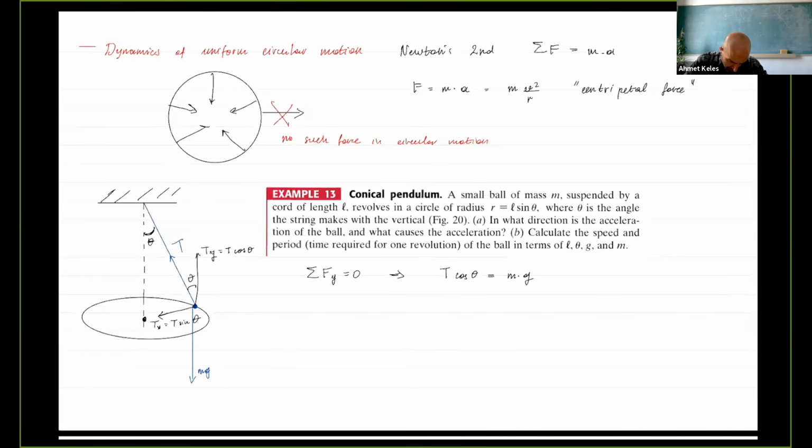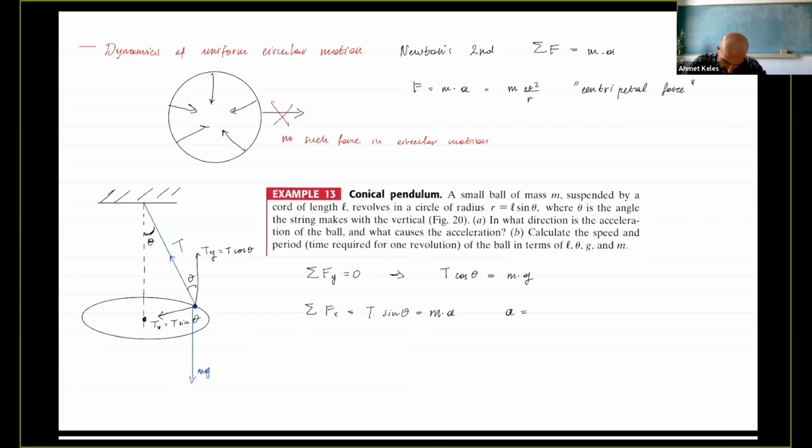The total force along x, maybe I should have called it the radial direction, is equal to T times sine theta, and that's equal to m times a.